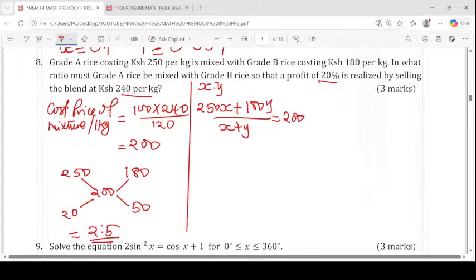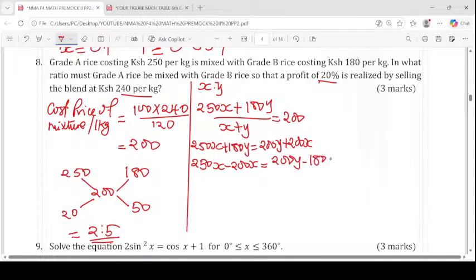When you cross multiply, you get 250x plus 180y is equal to 200y plus 200x. Collecting like terms, I can have this as 250x minus 200x should be equivalent to 200y minus 180y. So this becomes 50x is equal to 20y.